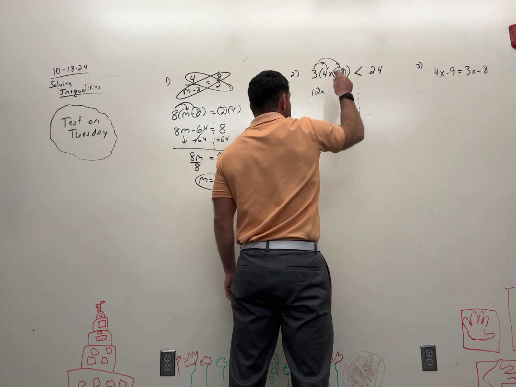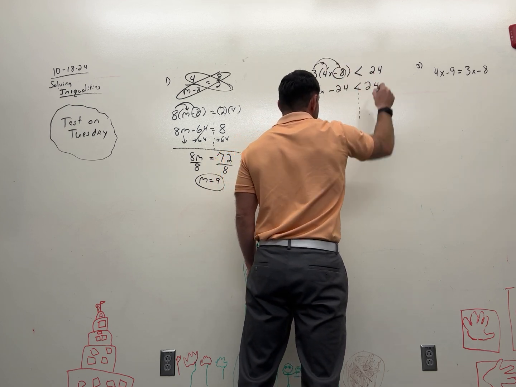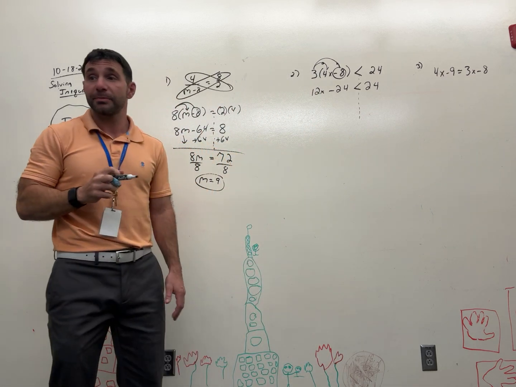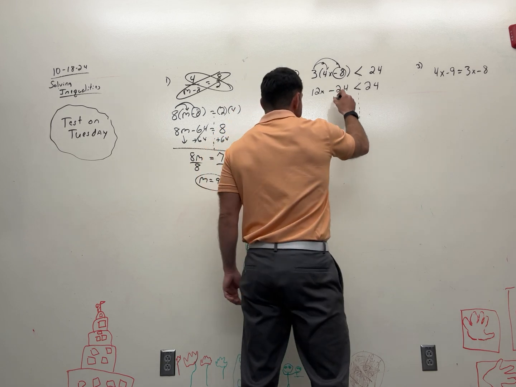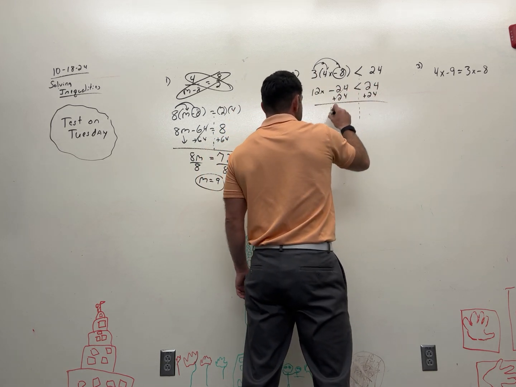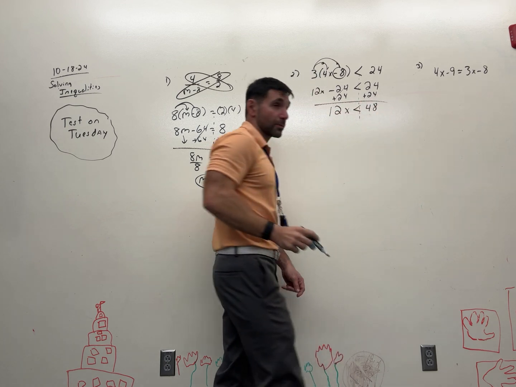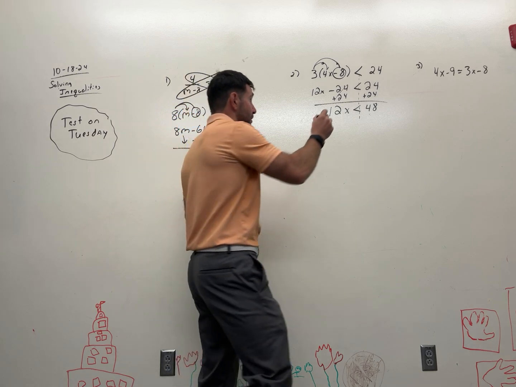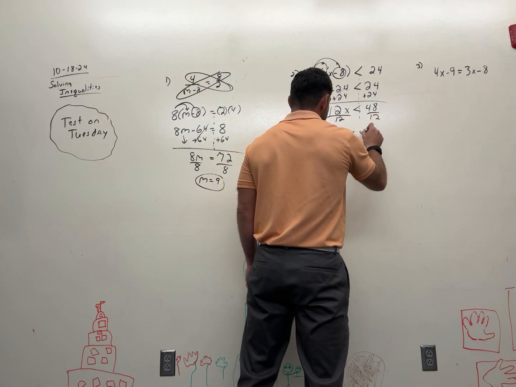We're still multiplying. 3 multiplied by negative 8 is negative 24 is less than 24. This is the multi-step inequality that we were working on yesterday. So now we add 24 to both sides. That gives me 12x is less than 48. From there we divide. That leaves me x is less than 4.